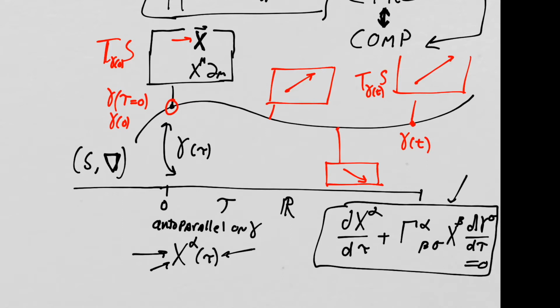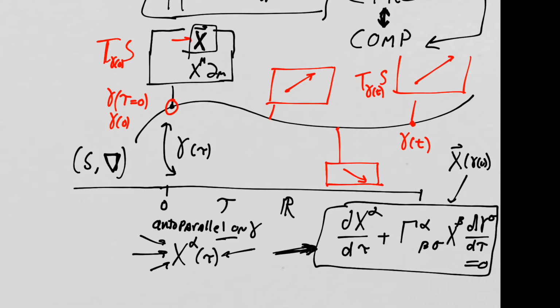So I have to solve this with the initial condition of x at γ of 0. That's my initial condition. That's this value right here. And once I've put in that initial condition, the vector field I get as an answer to these differential equations will be autoparallel.